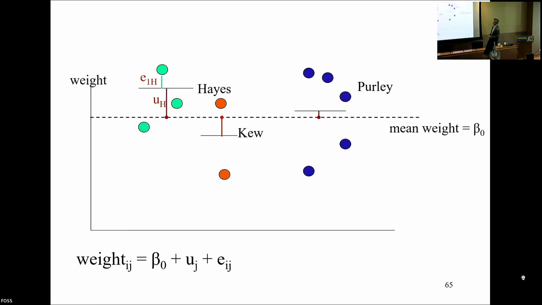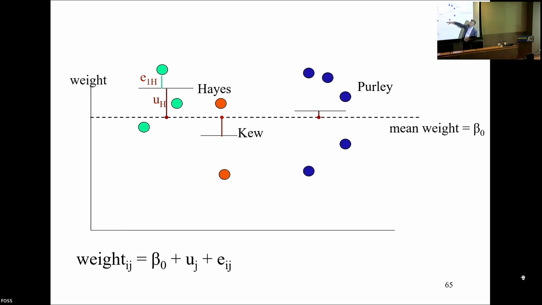So here's some examples with weight as our y variable. We've got people living in different places in England, and here we've got people living in Hayes that are a bit heavier than average, people living in Kew who are a bit lighter than average, and people living in Purley who are close to the average.